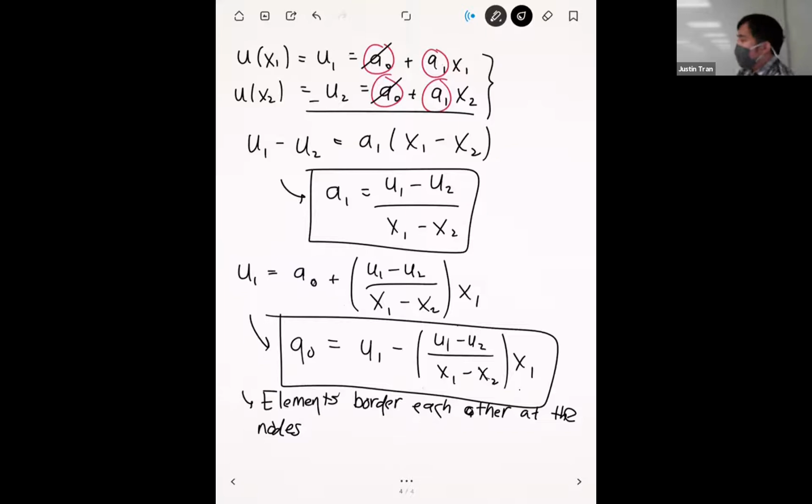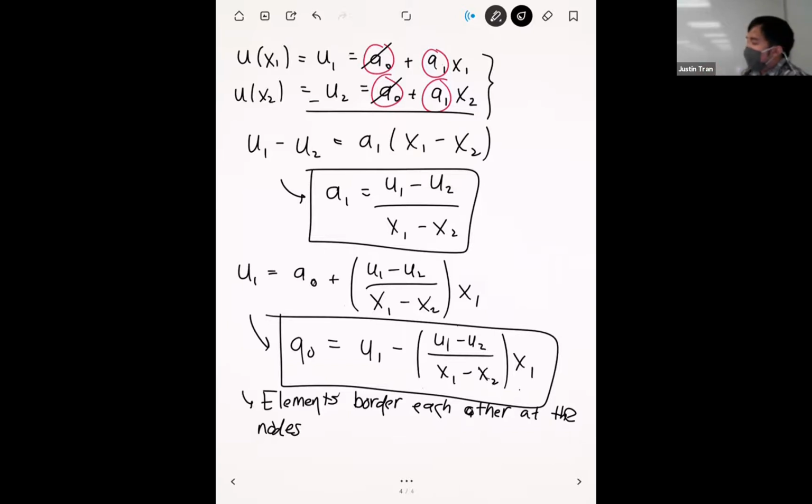You all have seen your meshes up to this point, and you have thousands and thousands of elements sometimes. It's really important for a consistent finite element solution that when you go from one element to the next, if they share the same node, then both elements should get the same answer at that node.